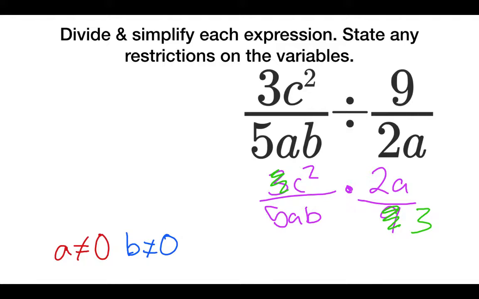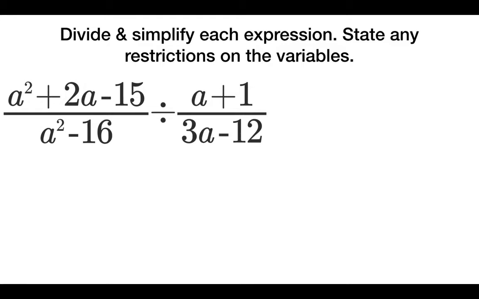So that means our final version of this equation is going to end up being 2c squared over, on the bottom, 3 times 5 is 15b. You'll notice in the final version of this equation, we don't even have an a, and yet a is still a restriction. That's an important fact to know.